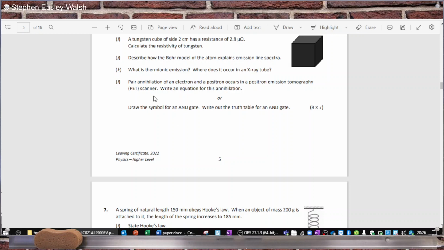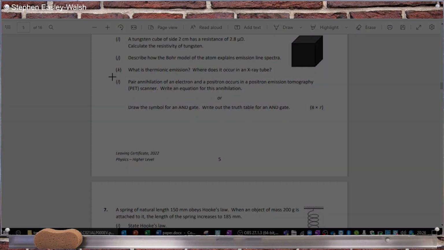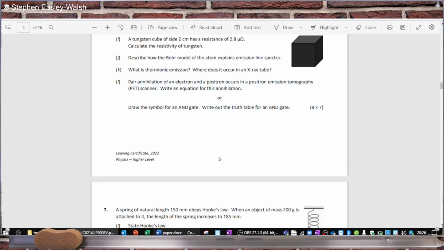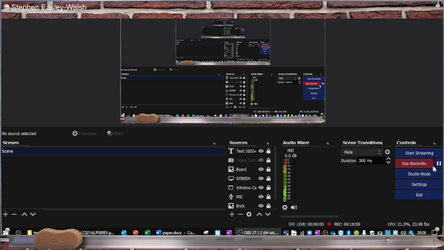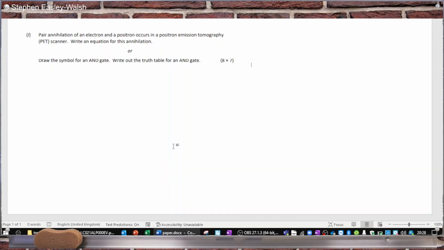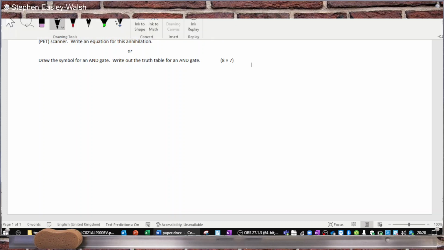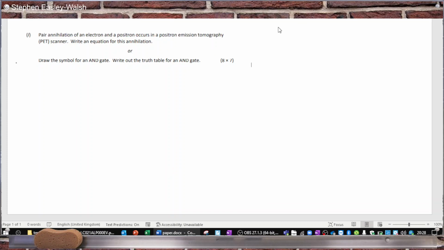And then let's have a look at the last one here. Okay, so this one here, the electron and positron, the equation for it, I think there's a couple of ways to write it. There's the positron and then the electron, and it forms a gamma ray. Some people write one gamma, some write two, say a gamma plus a gamma.